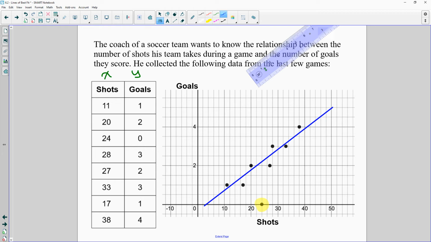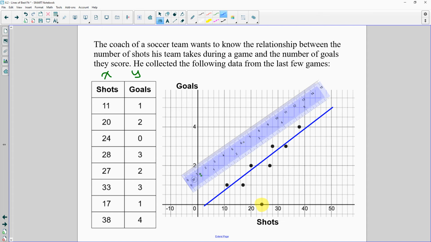In this case, you can see I have 4 points above my line, and I have 3 points, or 4 points if we want to include that weird one that we omitted, below the line. So same number of points above and below. You don't want to draw your line where every point is above the line or below the line.